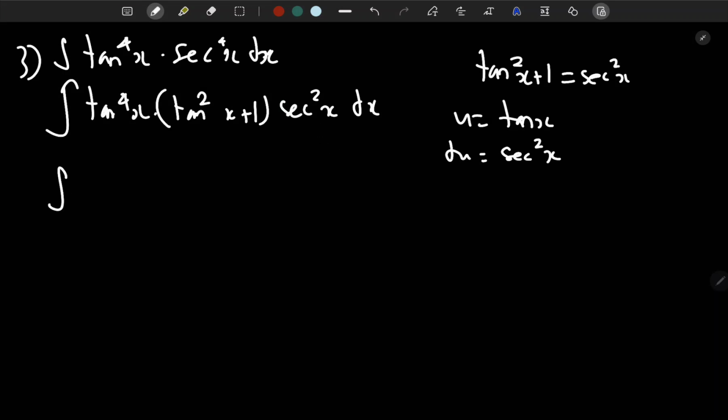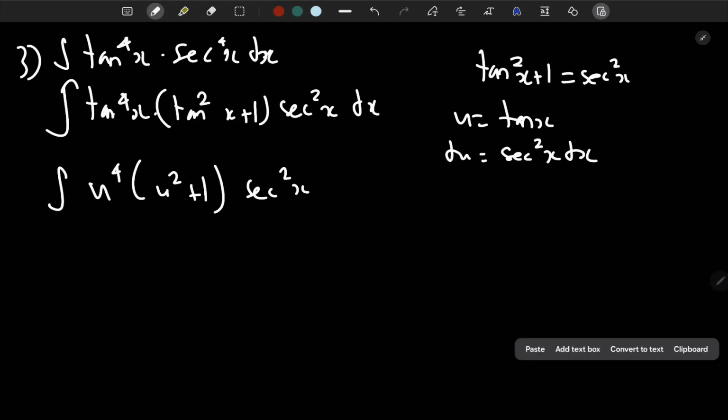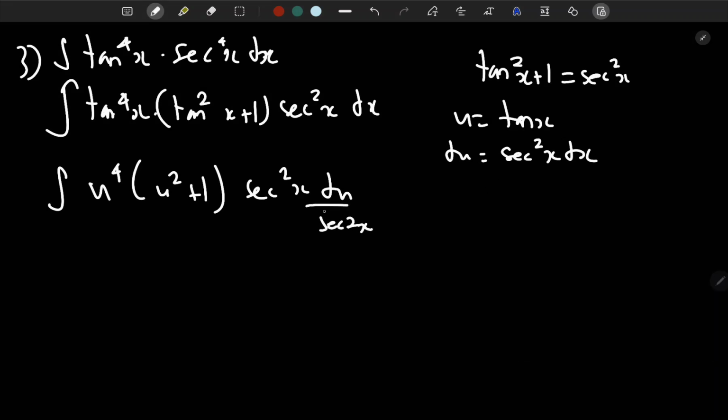So let's write it down now. u is tan x, so it's going to be u to the power of 4 into u squared plus 1, into dx, which is du over secant squared x. This part cancelled out and we are left with du, and this is really easy to integrate now.